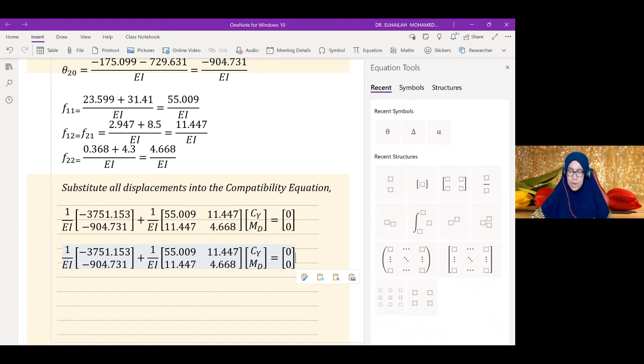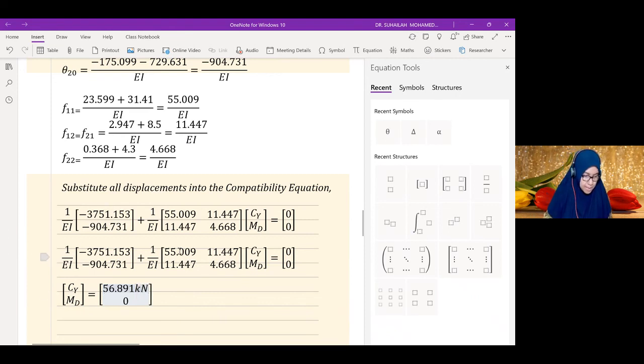So we get CY equal to 56.891 kilonewton.